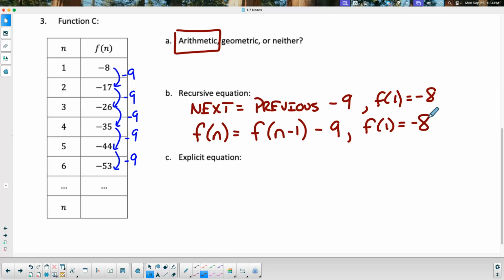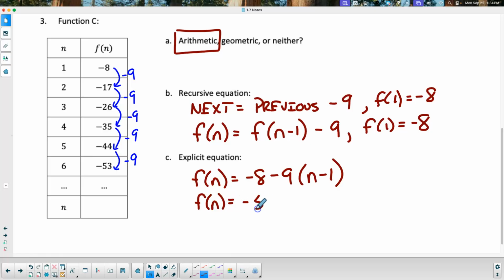Explicit equation would be f of n equals negative 8 minus 9 times the quantity n minus 1, or we'll go to the last one, negative 53 minus 9 times the quantity n minus 6, or really what I'd really like, negative 9n plus 1.